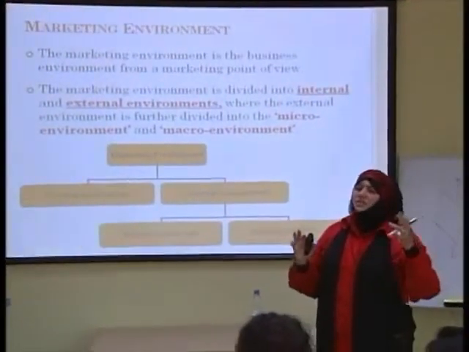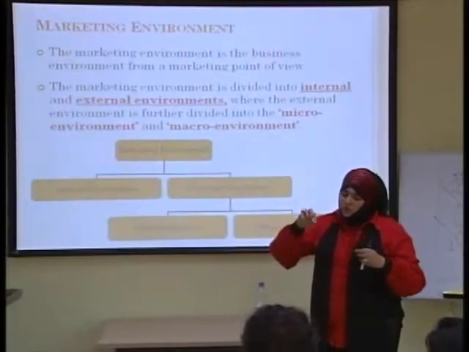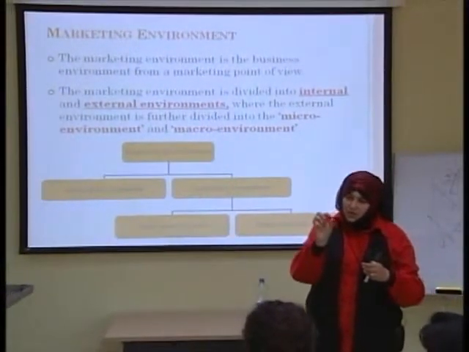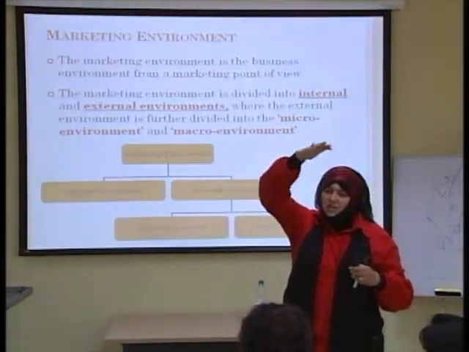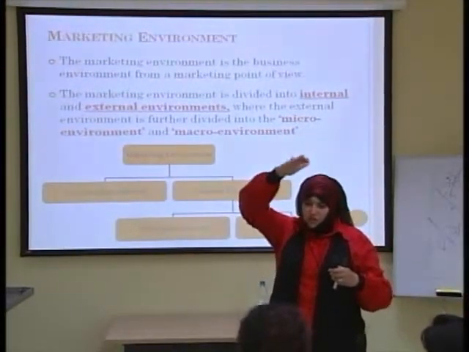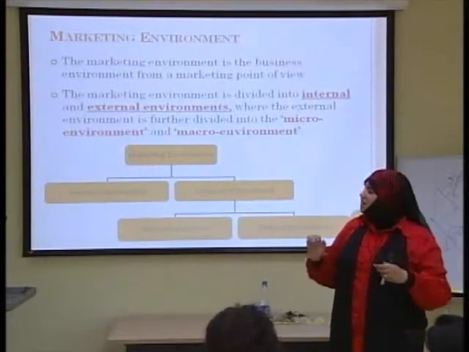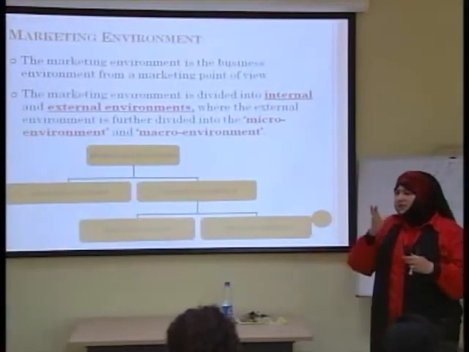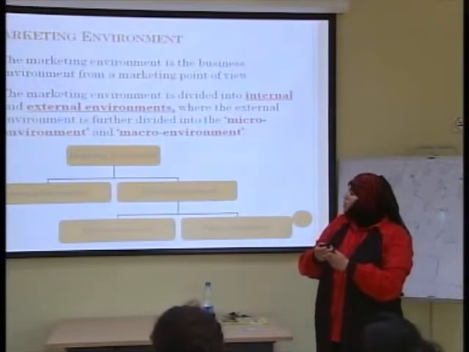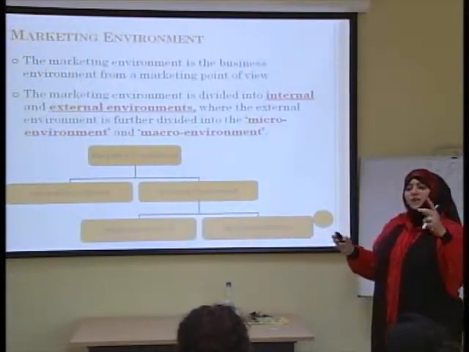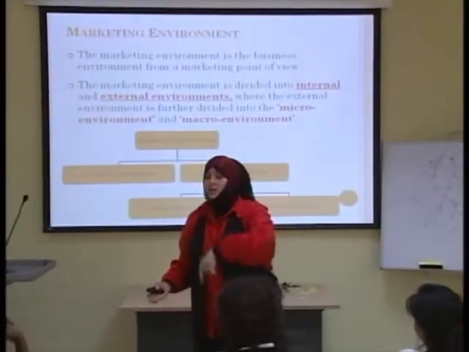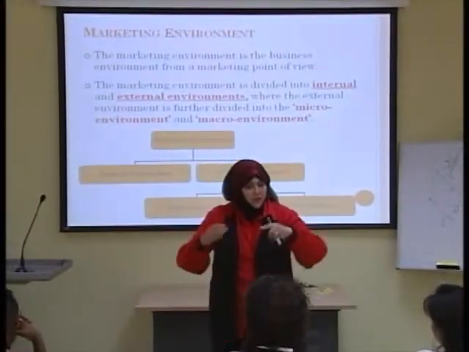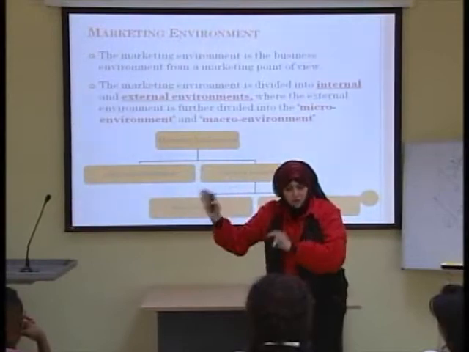Okay? Sometimes, when we talk about micro, you go into detail of the thing. But when we talk about macro, it's on a larger scale, like an overview or a wider scale. But here it's a little bit different. So now you know the marketing environment is divided into internal environment and external environment, and the external environment in turn is divided into micro and macro environment.